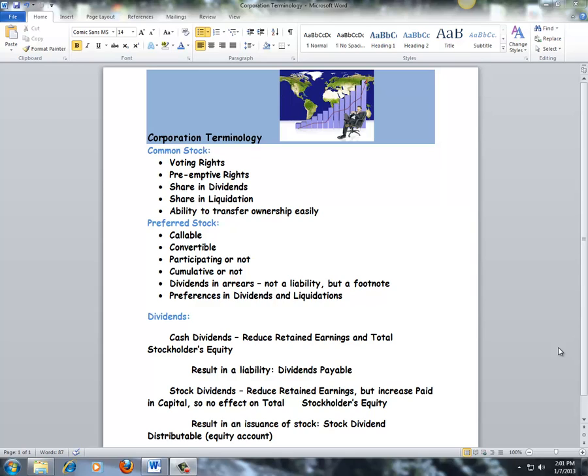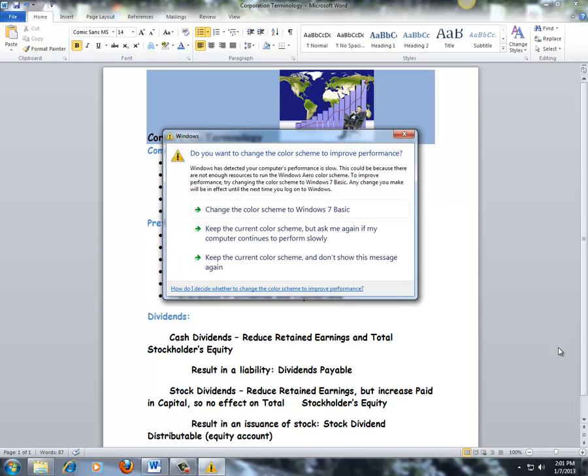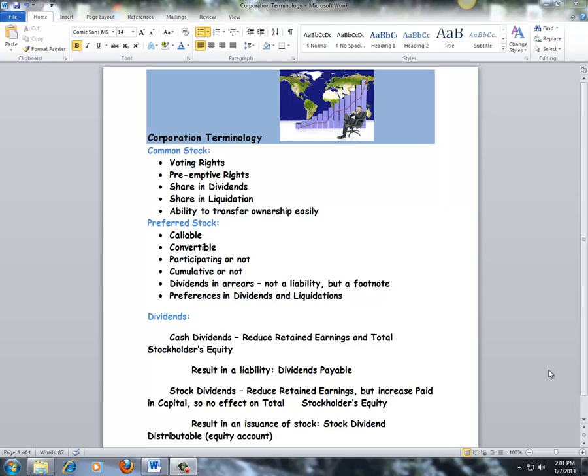Convertible means that the stockholder himself can decide to convert his shares of preferred stock into shares of common stock. And that conversion ratio will be given when you buy the stock, meaning, for example, you can exchange 2 shares of preferred stock for 4 shares or 5 shares of common.